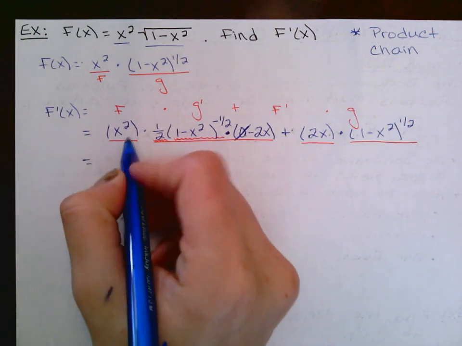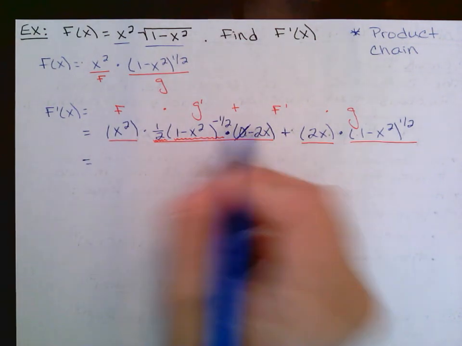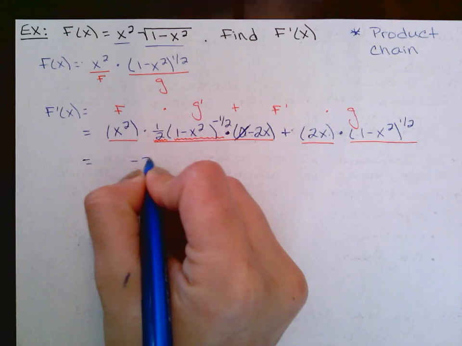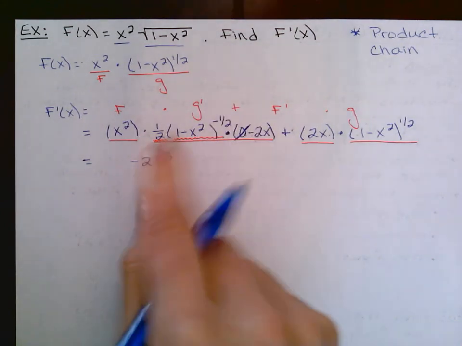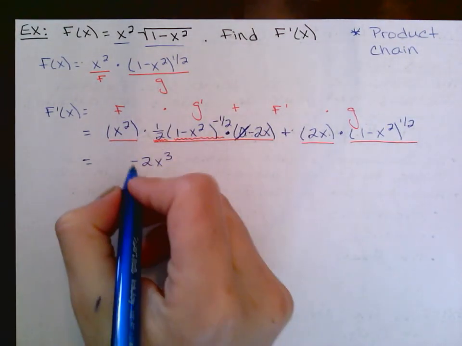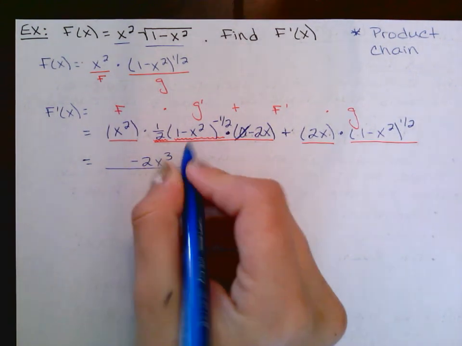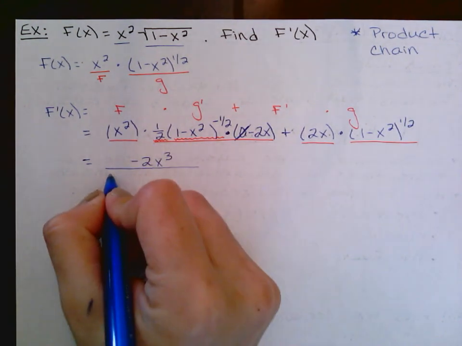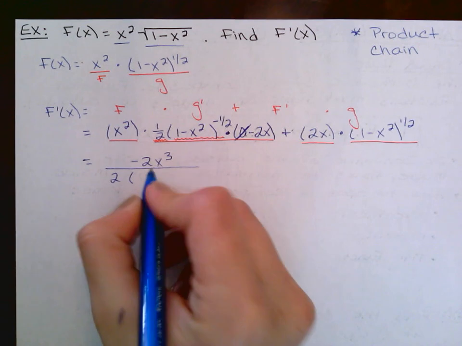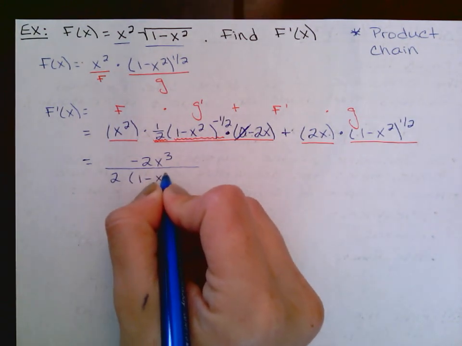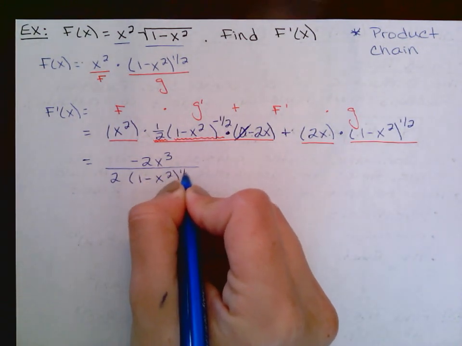So I'm going to have negative 2x cubed. The reason why it's cubed is because there's 2 here and 1 here. And then I have this 2 in the denominator. And then I also have this 1 minus x squared to the 1/2.